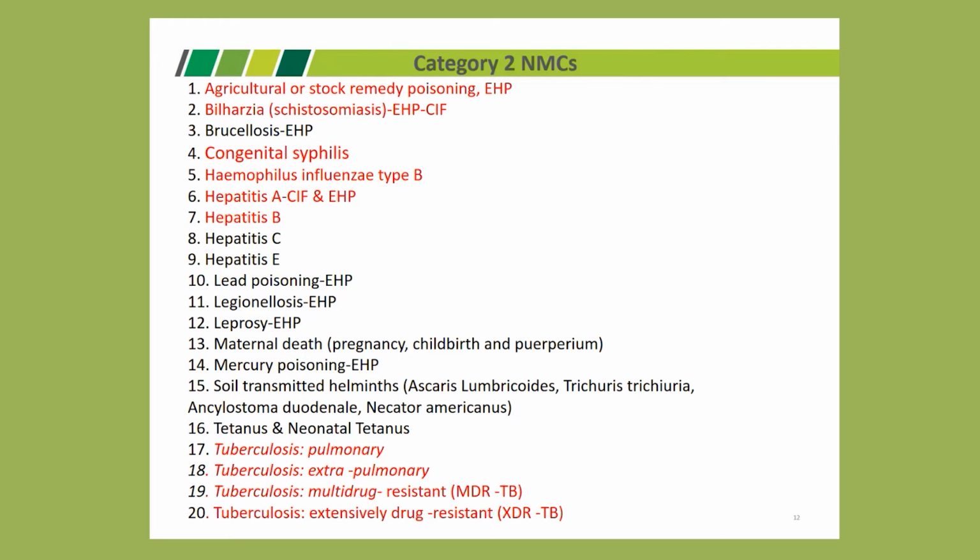But if you look at agricultural or stock remedy poisoning, please involve your environmental health practitioner, and all poisons are listed under that heading, please. Pesticides, rodenticides, insecticides, and all herbicides, any kind of cockroach mixture or any kind of mixture.